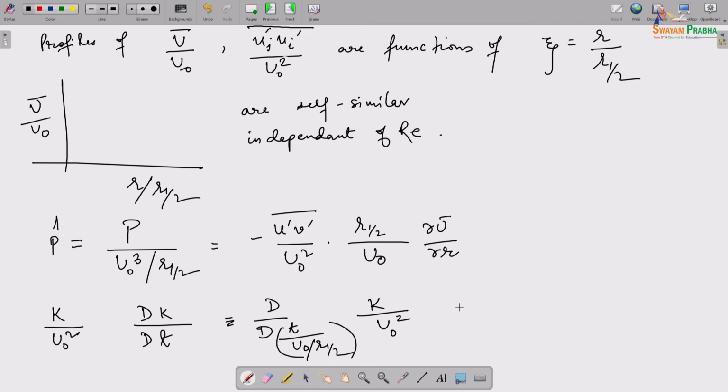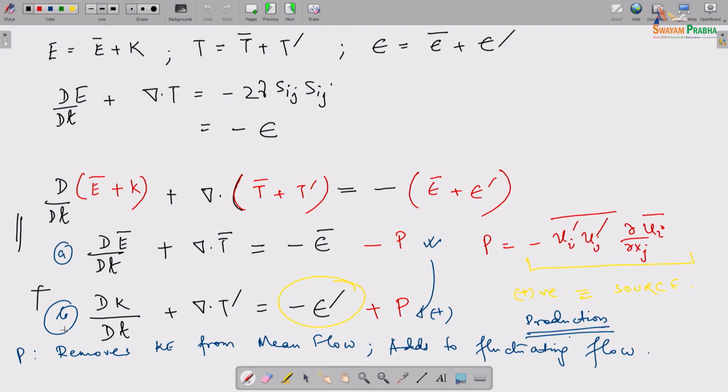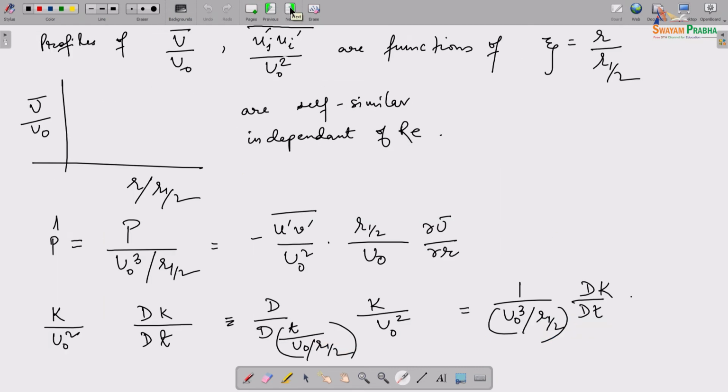So this essentially means that I'm scaling this by u naught cubed by r half. If you look at this equation B, what I have done is I've basically multiplied this, and the P, by 1 by u naught cubed by r half. And I know that these terms are going to be self-similar.